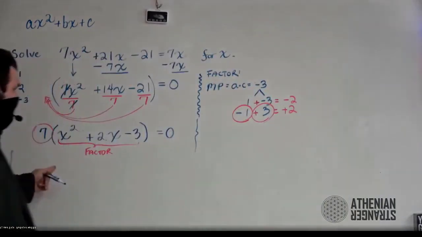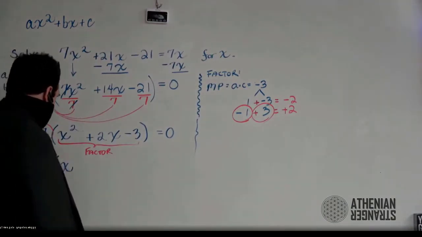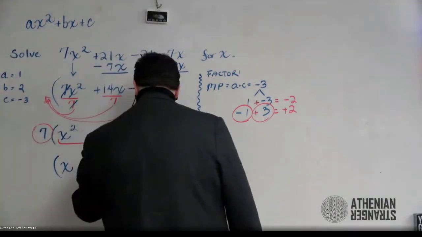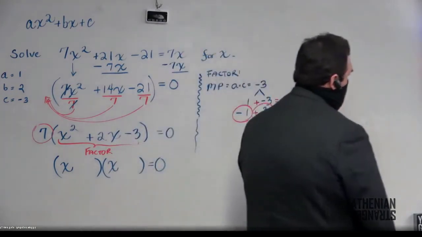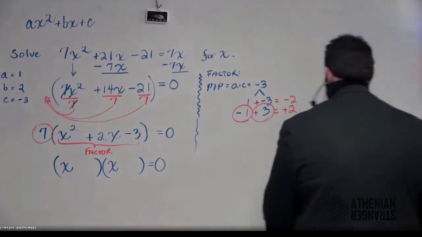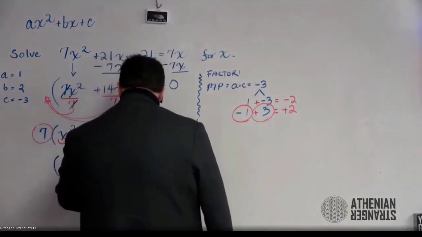So now I write in factored form down here. X equals 0. And I just copy and paste the negative 1 and the positive 3, like this. X minus 1, X plus 3.